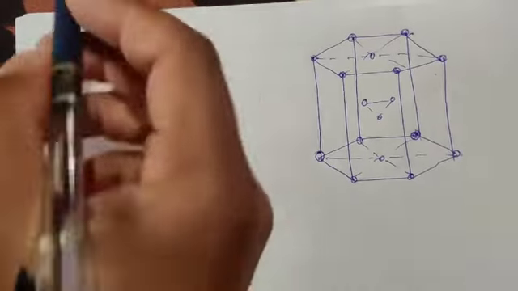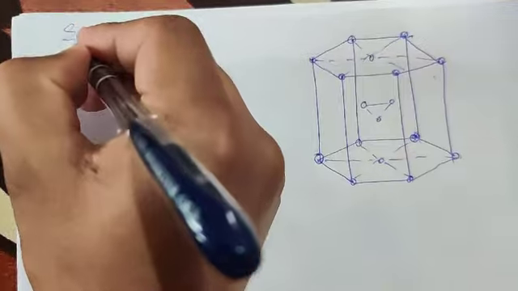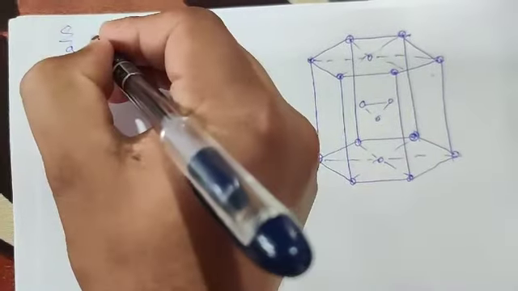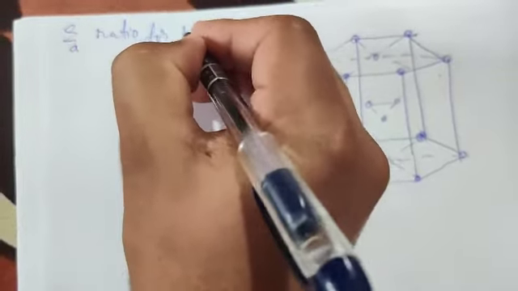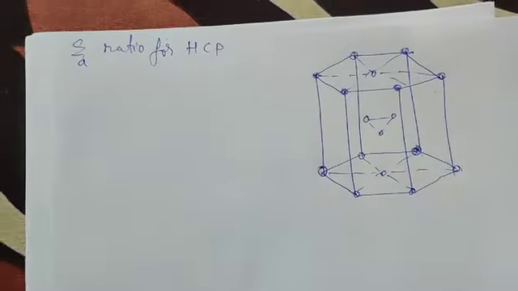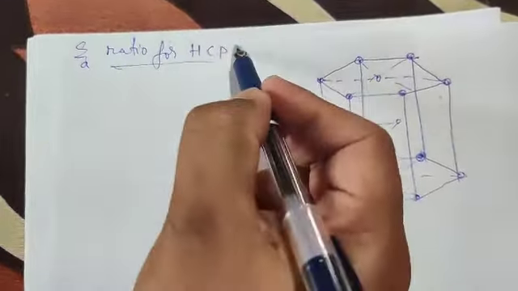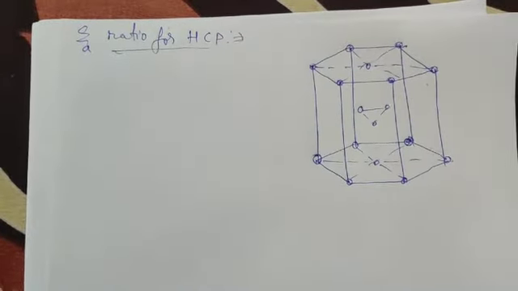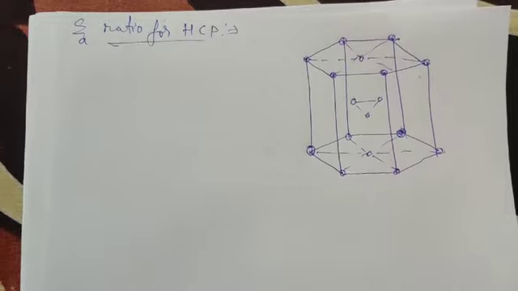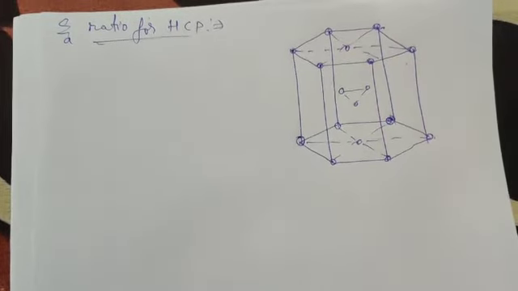Now we are going to calculate the C by A ratio for hexagonal closed pack structures. This is very important, and this will also be used for calculating the packing fraction for the hexagonal closed packing structures.